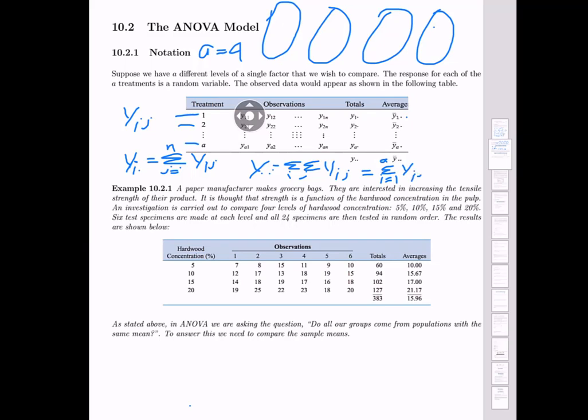It means this column. So both are the same. And this one, the y bar, is what we call the average of the first sample, average of the second sample, average of the a-th sample.